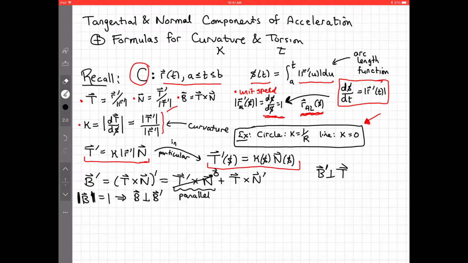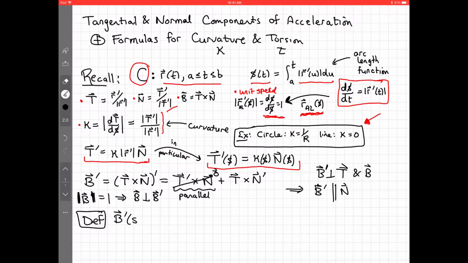So in particular, B prime is not just perpendicular to T, it's also perpendicular to B. Well, the only thing that could then be true is that B prime must be parallel to N, right? Because we've exhausted the other two directions. So let's go ahead and make a definition.